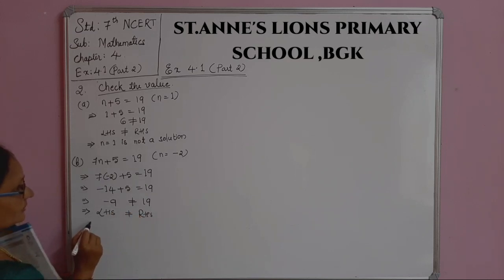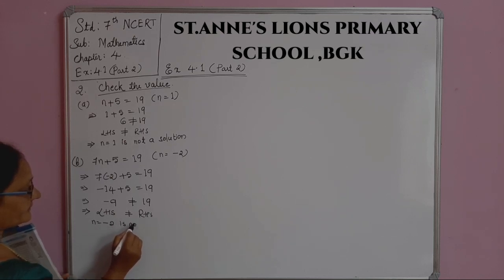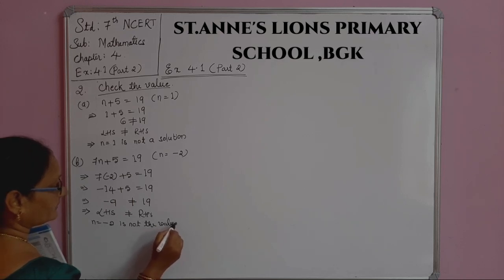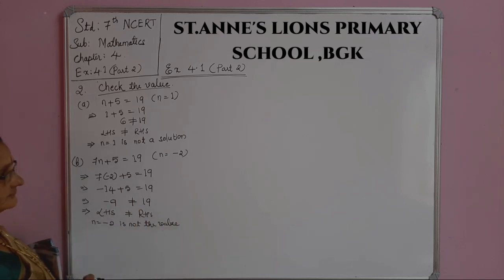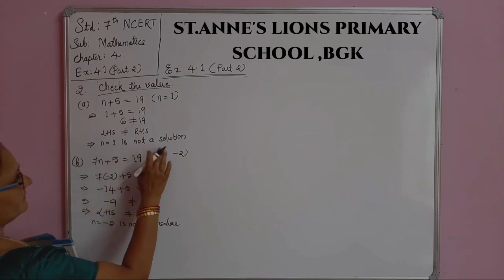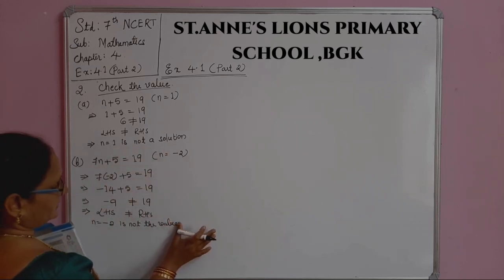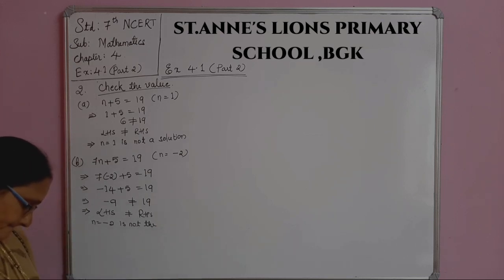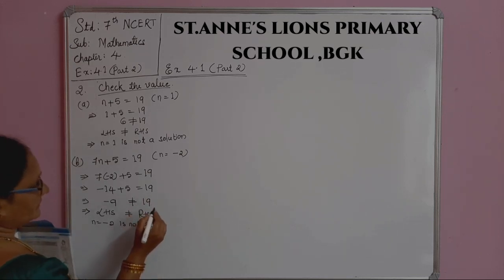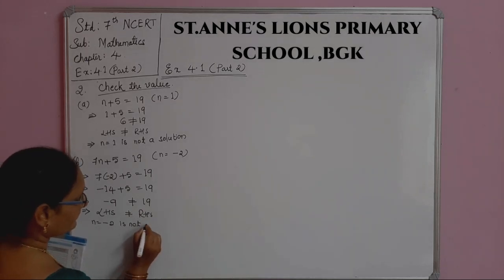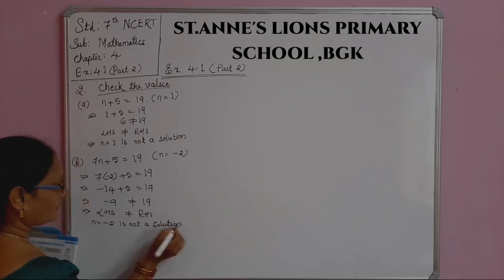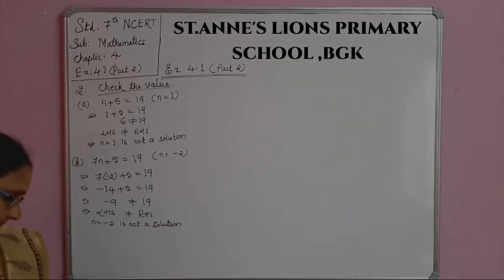So n equal to minus 2 is not a solution. This is the second one.